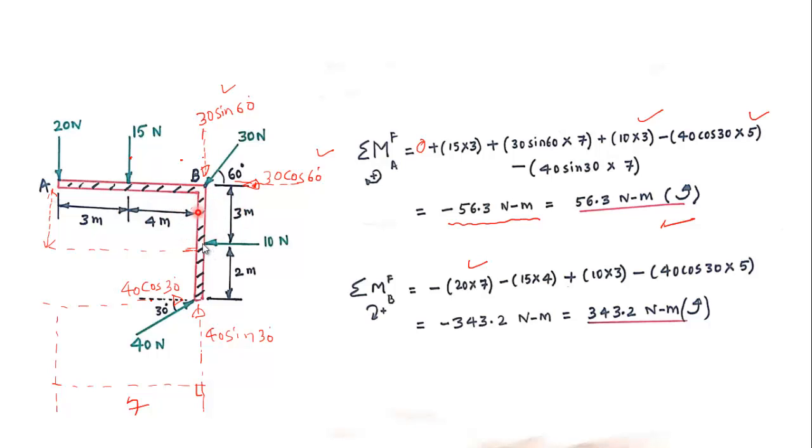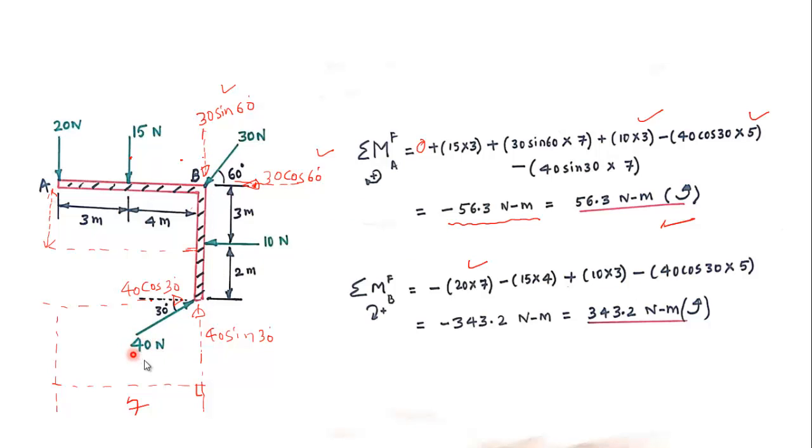See, it is going like this, and the perpendicular distance is 3, so 10 into 3. You see, I have not considered the 30 Newton force, because it will not create any moment with respect to point B, because it is passing through the same point. So the moment because of 30 Newton at point B will be 0. So therefore that will not come here.